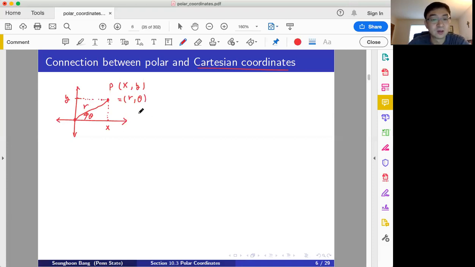What does it mean? x is not equal to r, y is not equal to theta, just the same location. I want to find the relation between polar and Cartesian coordinates. I want to use the trigonometric functions. Do you know what the cosine of theta is?